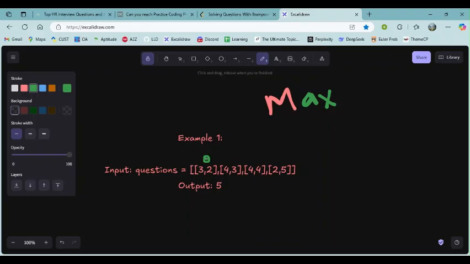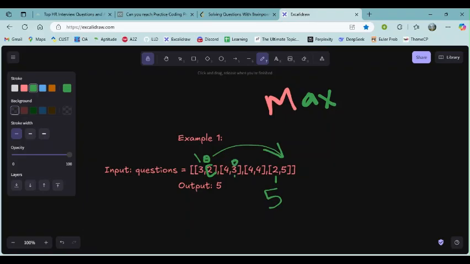So here, if I am taking this problem, I will earn the 3 points, but we cannot solve the next two problems. So if I solve this, I will be able to solve this problem, so the total sum will be 3 plus 2, that will be 5.